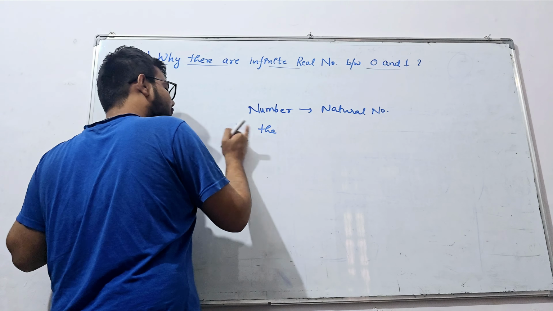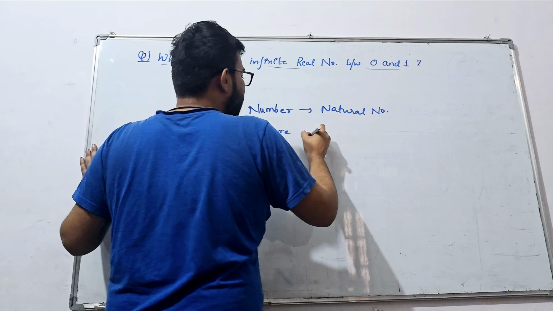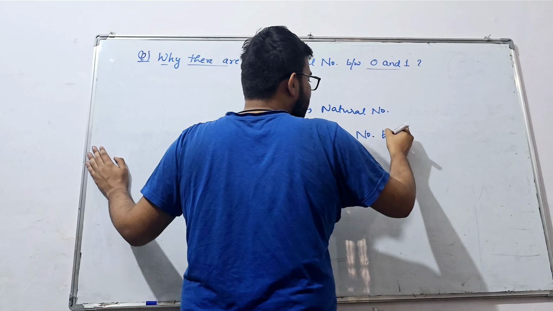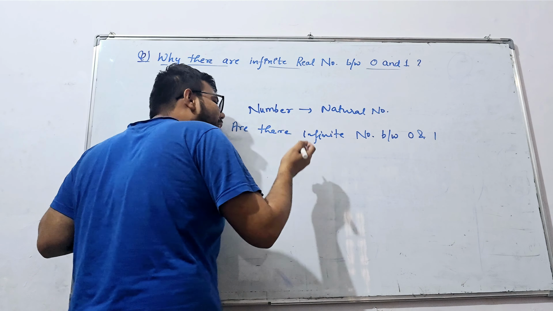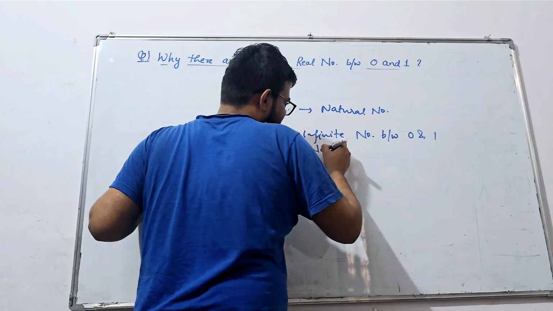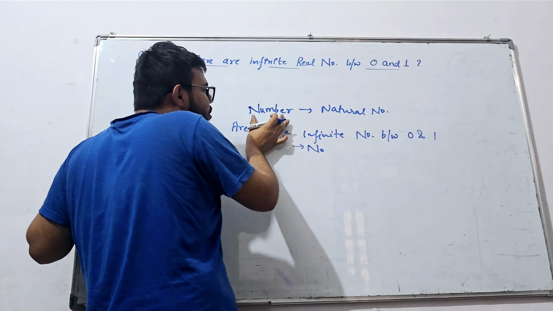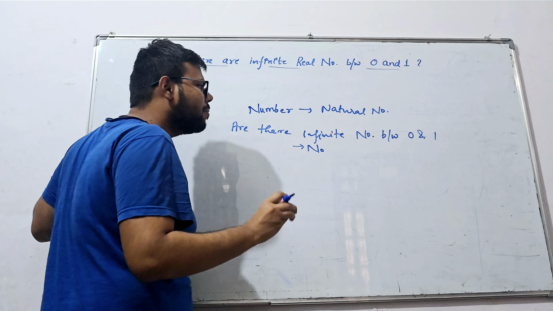In that case, I would have answered no, because when we say number, we generally refer to natural numbers. So there's no natural number between 0 and 1, right?